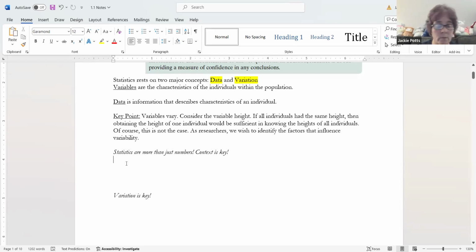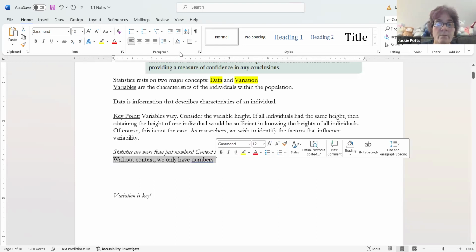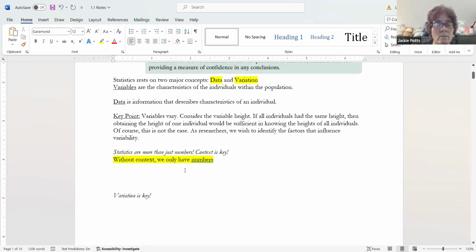So without context, we only have numbers. How we interpret is also a type of context.